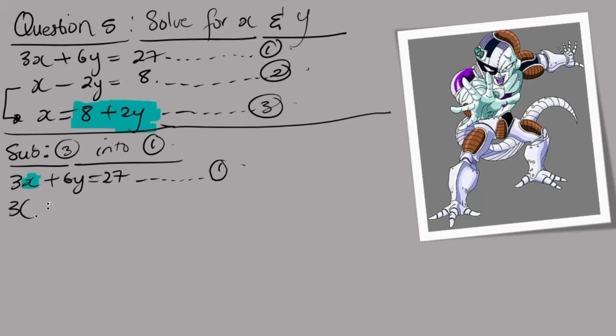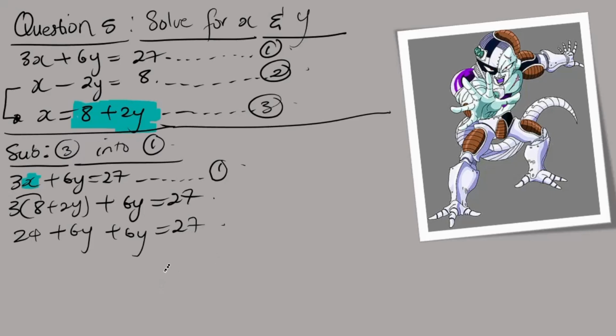So then I have 3 times (8 plus 2y) plus 6y is equal to 27. And then I continue solving, distribute this into that. 3 times 8, that is 24. 3 times 2y, that is positive 6y, plus 6y is equal to 27. Hope it's fair.